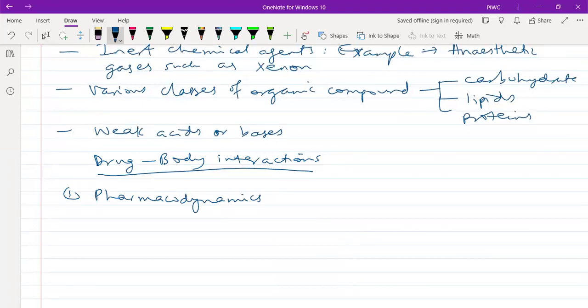And the second one is what we call the pharmacokinetics interactions. Okay, so those are two broad interactions.